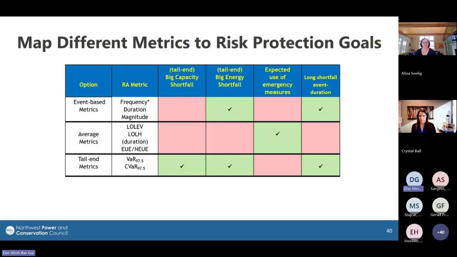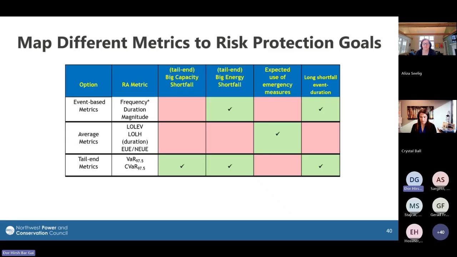The goal is to map the available metrics to your risk protection goals. If you want to protect against big capacity shortfalls, event-based metrics and average metrics might not tell you that. If you want to do big energy shortfalls, event and tail end will tell you that. So we don't need to go through all these, but you can see that once you know what you want to protect against, you could then select which adequacy metric satisfies it.